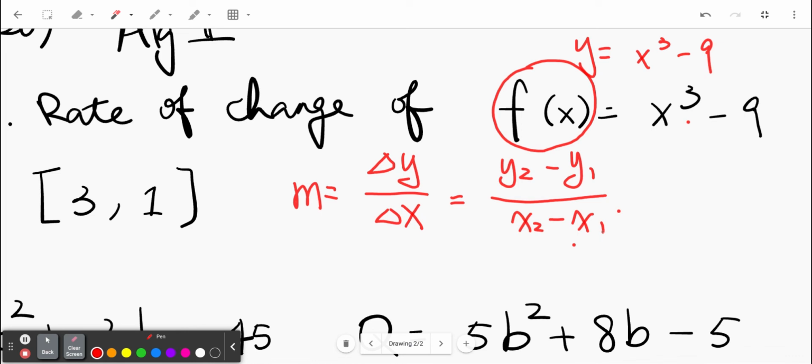So let's just do one y at a time, okay? So let's say y2. So we have two x, right? This is x1, this is x2, or vice versa. Let's say this is x2, this is x1. So you do know that interval is the two brackets, and then the numbers inside the brackets are the two different x. Do you know that?